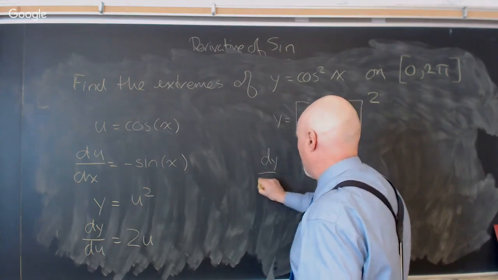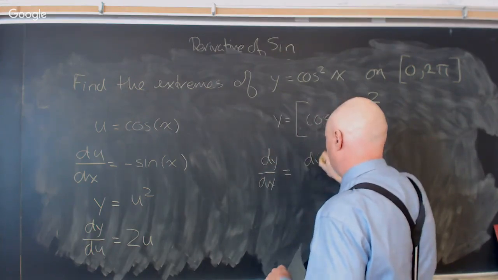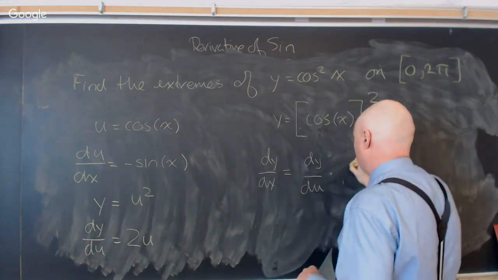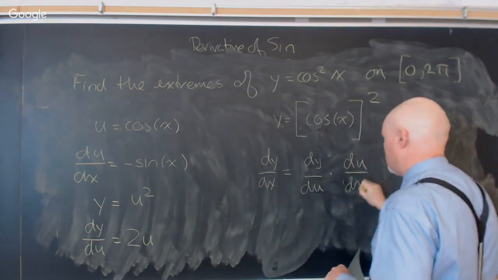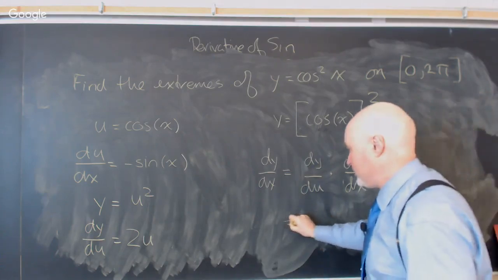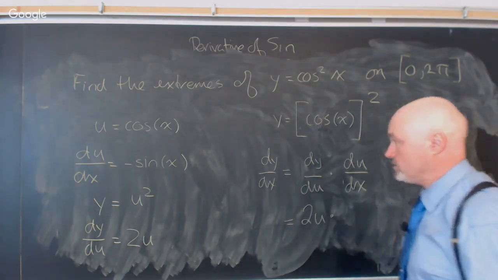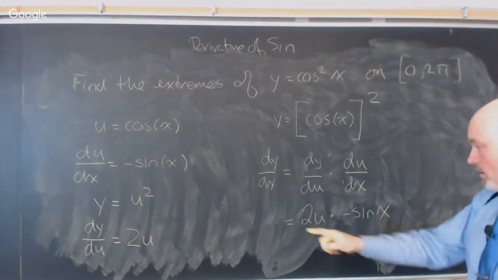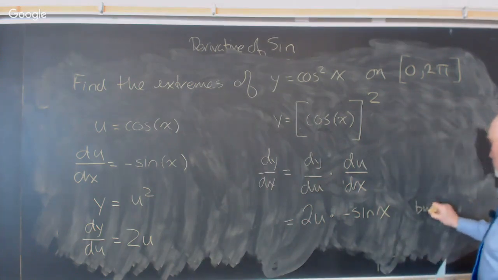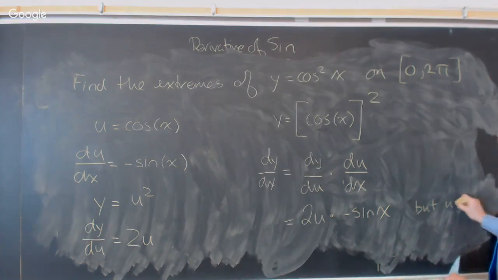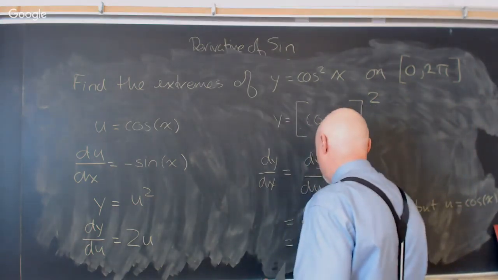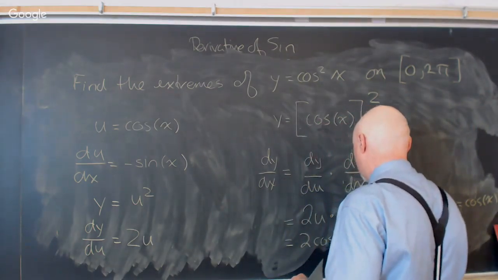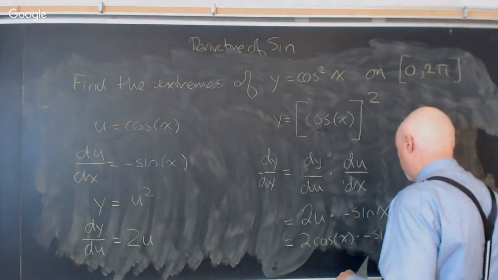So dy/dx is equal to dy/du times du/dx. Dy/du is 2u, and du/dx is negative sine x. But u equals, oh yeah, it's cosine x. And so this is 2 cosine of x times negative sine x. All right.